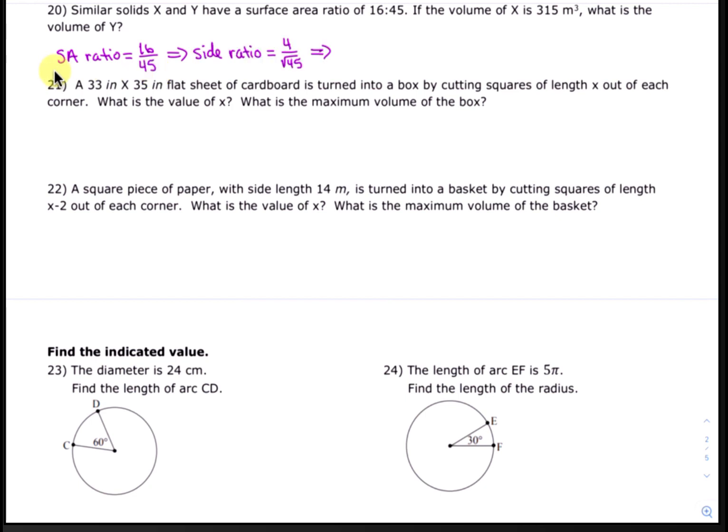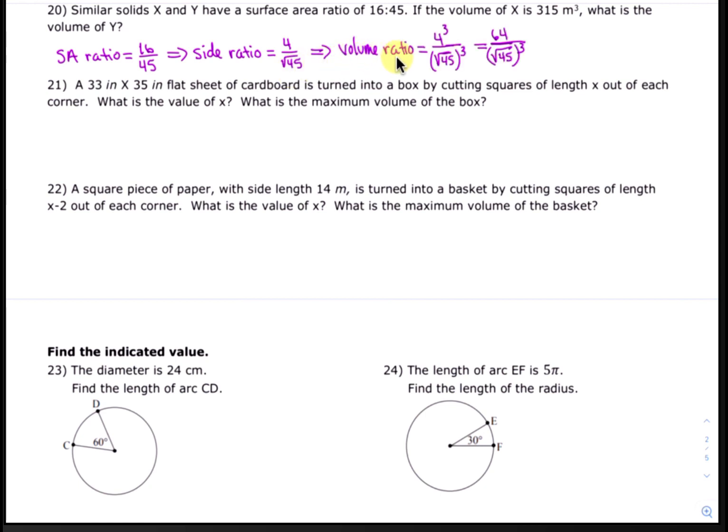We want to get the one-dimensional ratios, which is the side ratios, so we take the square root of the 16 and the 45. We end up with a side ratio of 4, because the square root of 16 is 4, and then square root of 45 is on the bottom. So the side ratio is 4 over square root of 45.